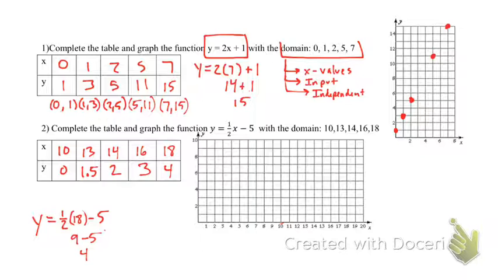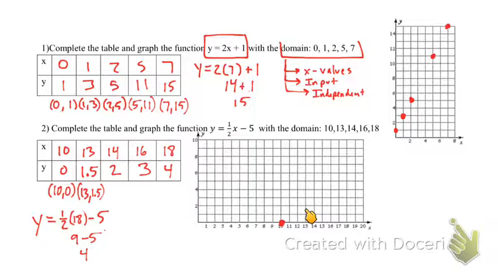Okay, now that we completed the table, we can turn these into points. So this is 10, 0, which I can now plot on our graph. This is 13, 1.5. So we go to 13 here, up 1, and then 1.5 is halfway.